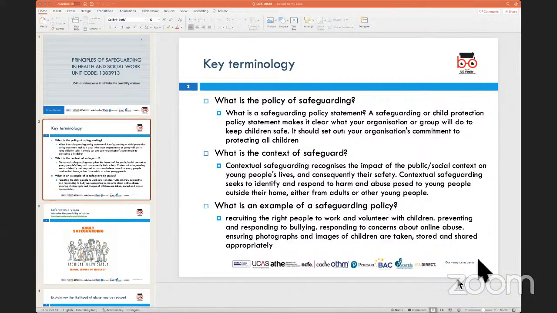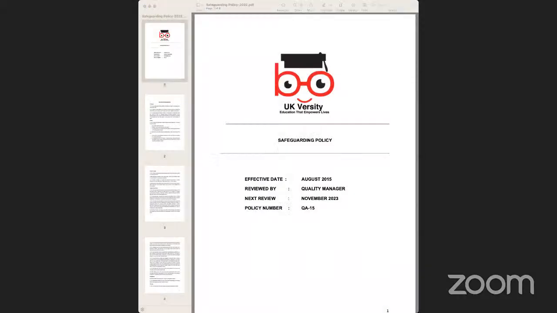Now, this particular policy is mandatory in most organizations. And if I bring this policy up to put it into context, one of the ways to minimize harm, abuse, neglect, or exploitation is to fully implement a policy within the organization.